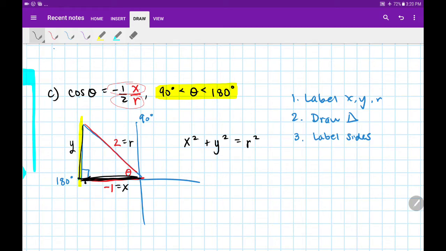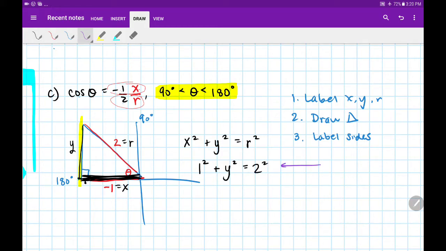So since we're going to do some math with this negative, I'm just going to ask you to drop the negative. Don't worry about it. Just do 1 squared, because this distance is really just 1. We're talking about lengths after all. Plus y squared, I don't know what y is, so let's leave it like that, equals 2 squared.